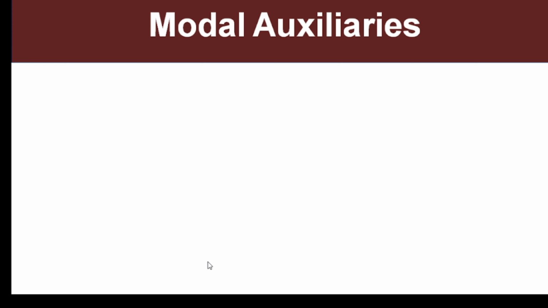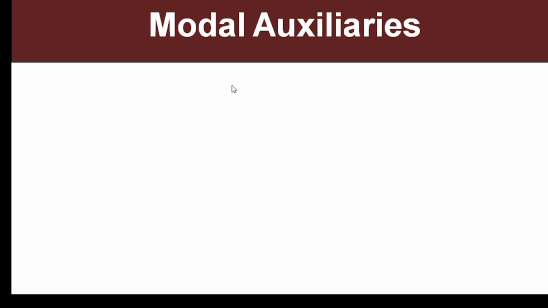Now if you go to the next, modal auxiliaries. So dear students, we have seen so far what verbs are, the types of verbs and their classification. We have also seen be forms, do forms and have forms. Now we are moving to the modal auxiliaries.